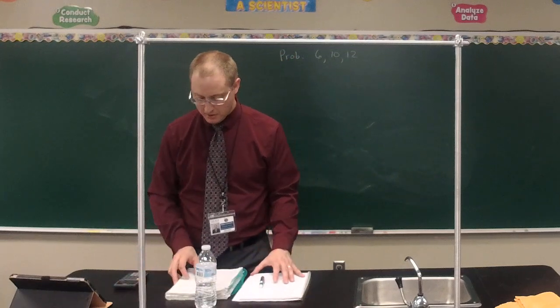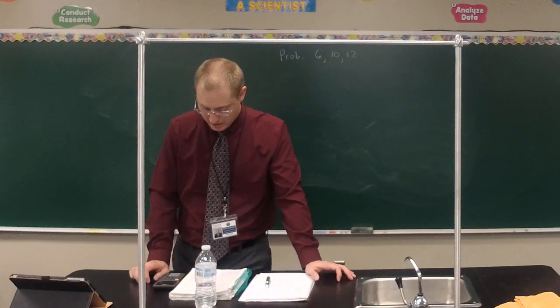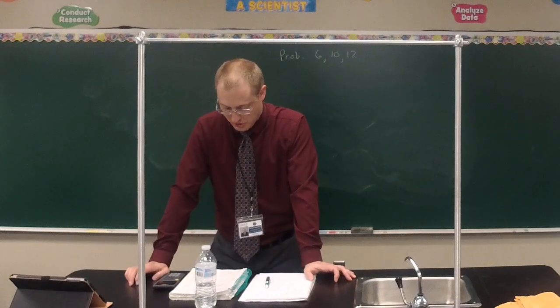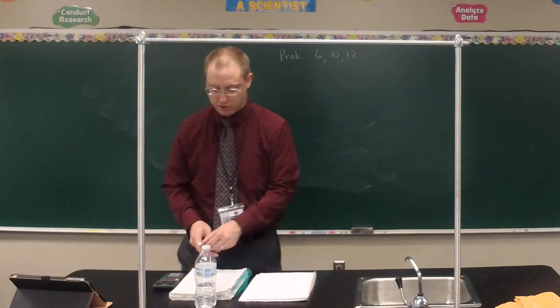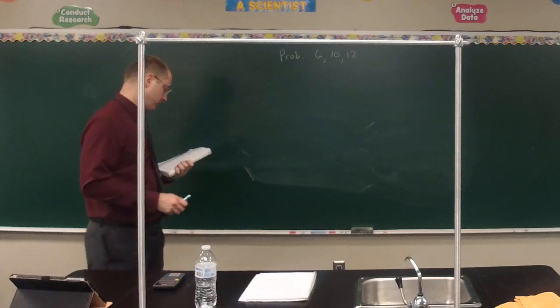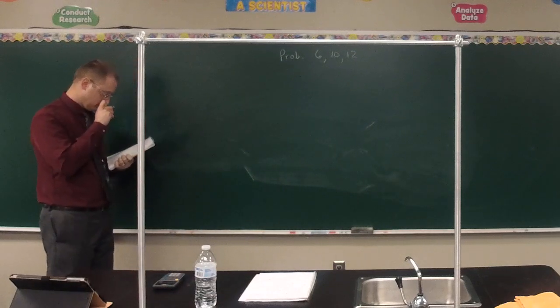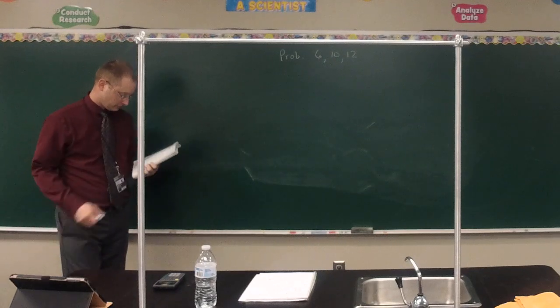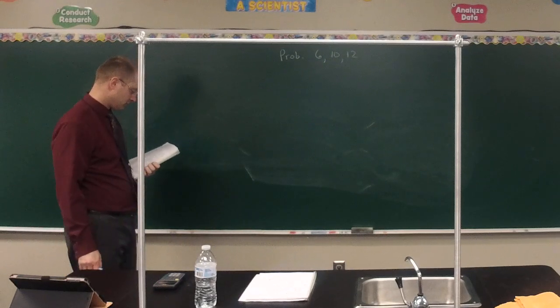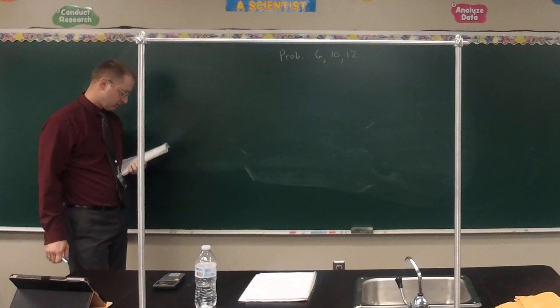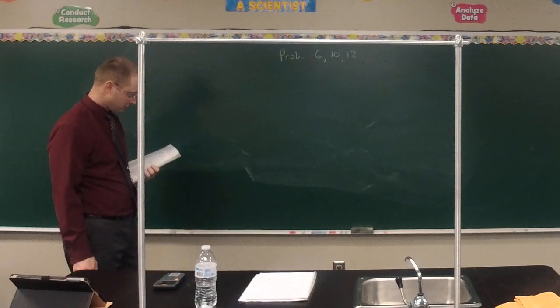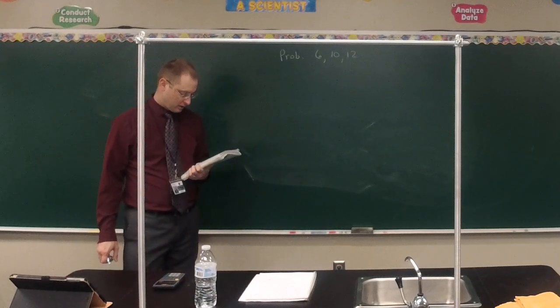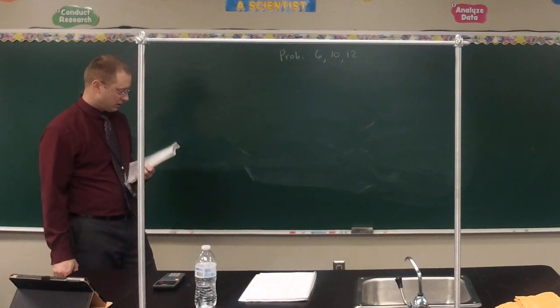All right, and number 12. Now this one's a little bit different because they give us two substances we have to compare. Read number 12 for us, Audrey. The storage tank made of sheet iron holds 4 cubic meters of alcohol, where the beta is 1.12 E negative 3 per degree Celsius. When the temperature is negative 10 degrees Celsius, how much alcohol will spill out if the temperature is raised to 40 degrees Celsius?